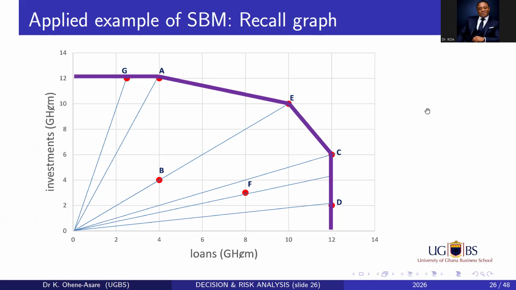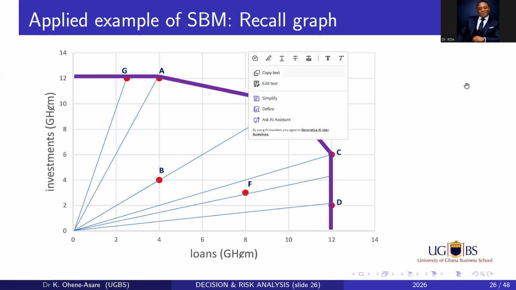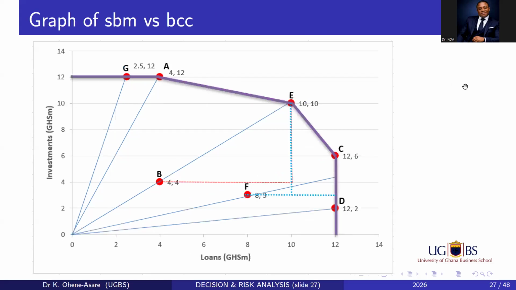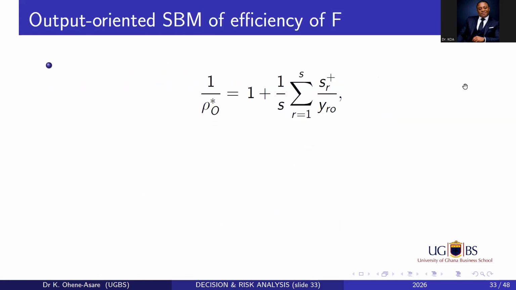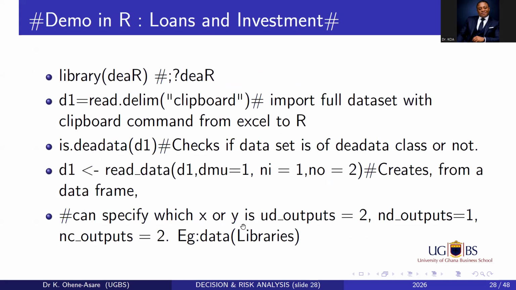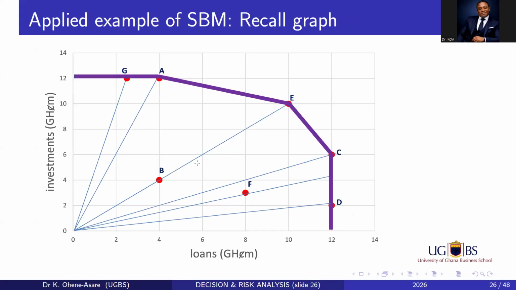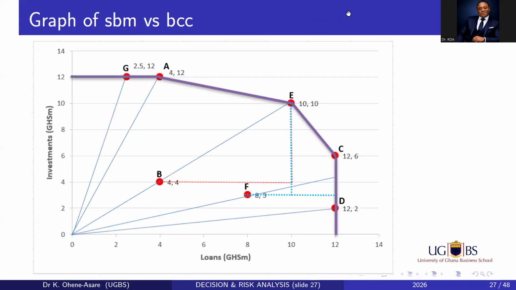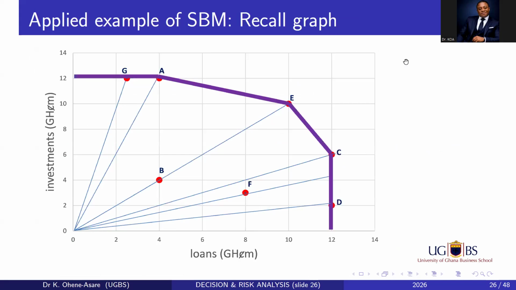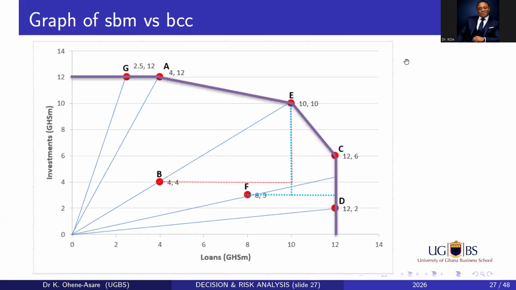All right. So, guys, by looking at this, which firms are efficient under the DEA approach? I've added the numbers here. Which firms are efficient under the DEA?